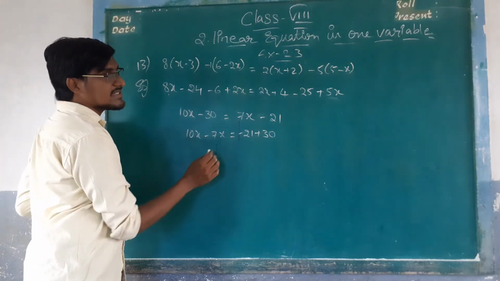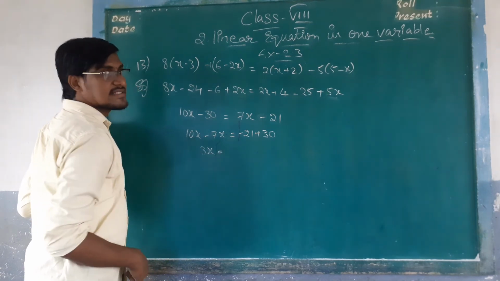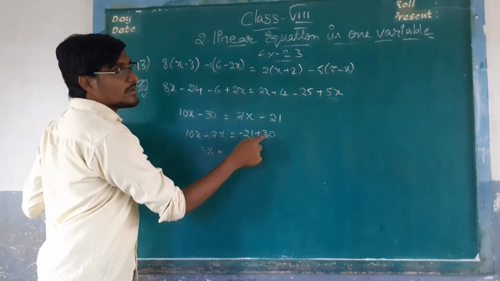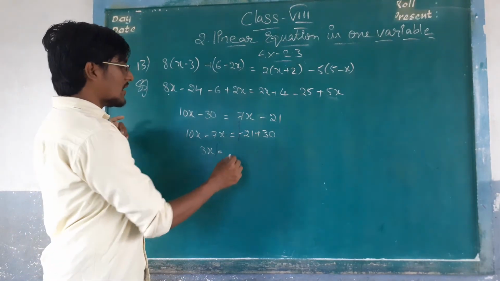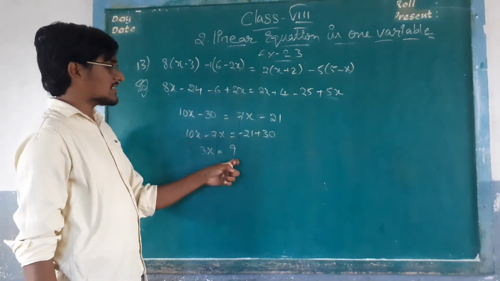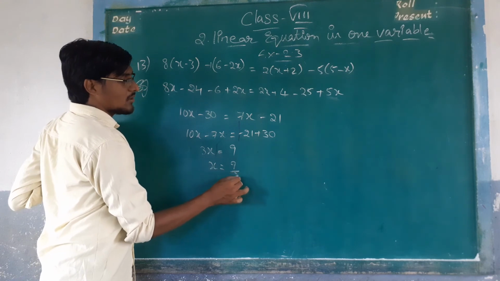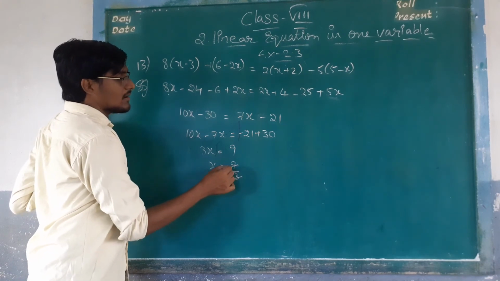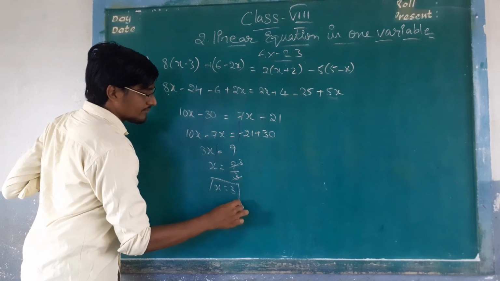So 10x minus 7x, that is 10 minus 7, 3. 3 into x, 3x. Minus 21 plus 30, minus and plus we have to subtract. 30 minus 21, 9. And the highest value sign is plus, so it is plus 9. So we want the x value here. So move this 3 to this side, 9 by 3 times, that implies x equal to 3.